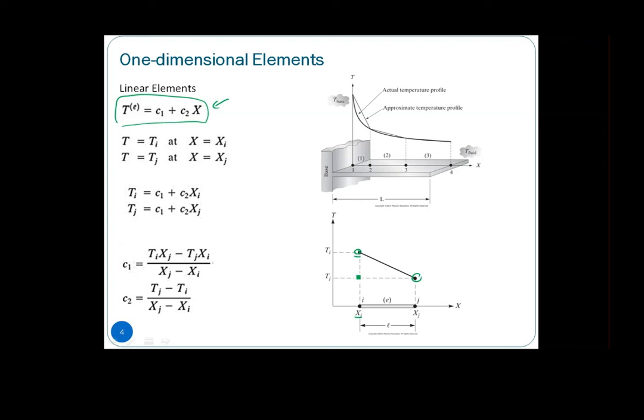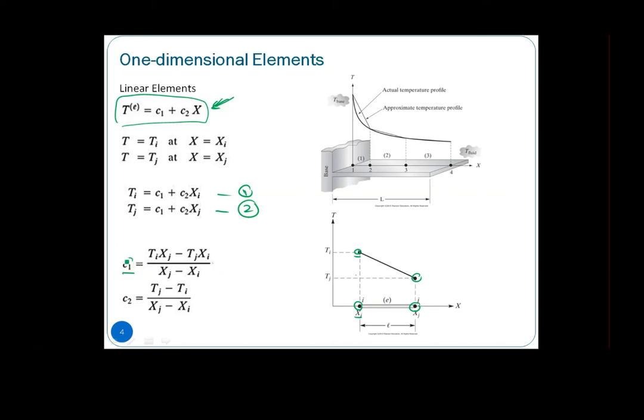In this case, we have two equations from these two points itself. This is our first equation, at x equals xi, where T equals Ti. This is our second equation, at x equals xj, where T equals Tj. So we substitute into the general linear equation, then we have our two equations, rearrange them, and we have our C1 and C2 solved, right?